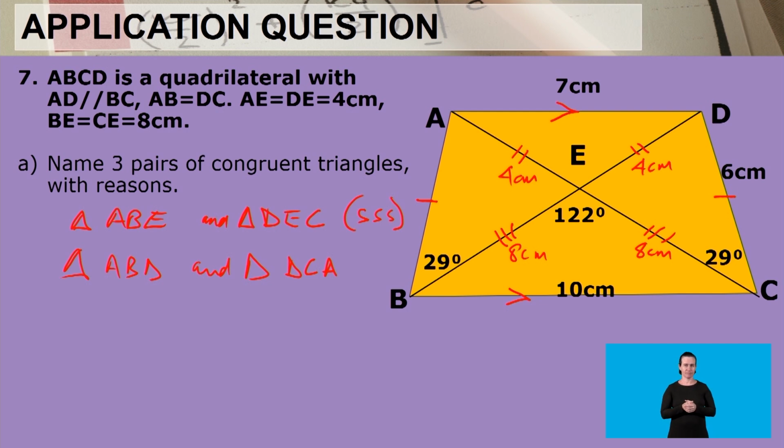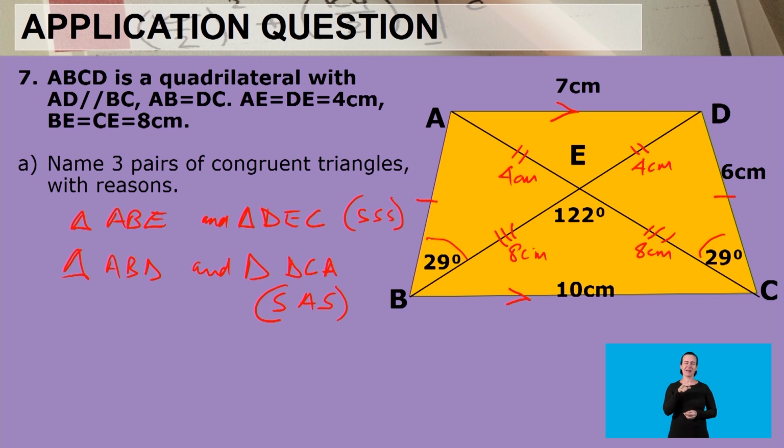There is a side DC that is equal to AB, and we have a side that is 8 centimeters plus 4 centimeters, and on the other triangle we also have 8 centimeters plus 4 centimeters. So we have another side that is equal, and we have 29 degrees and 29 degrees. So the reason for that one would be side, included angle, side, and therefore that would be the reason for the second pair of triangles to be congruent.